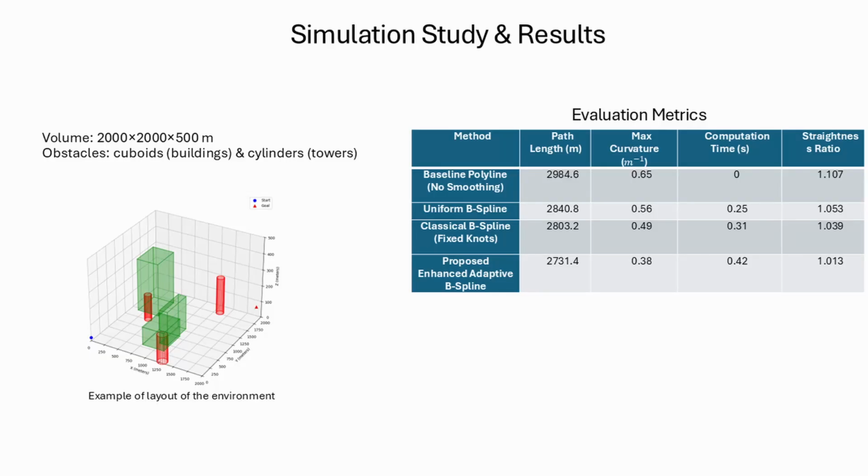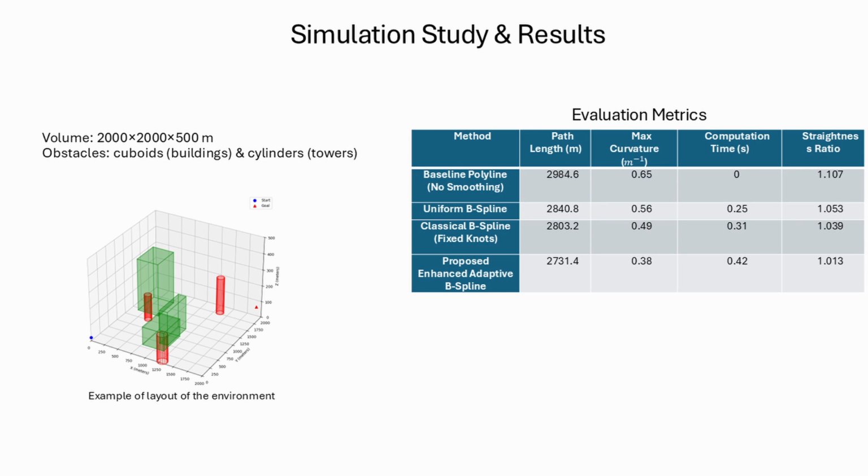To closely emulate a realistic urban or suburban scenario, we constructed a 3D airspace measuring 2000 units by 2000 units with a vertical ceiling of 500 units. We designed this to be a realistic proxy for a mid-sized urban environment. It's not just an empty box.